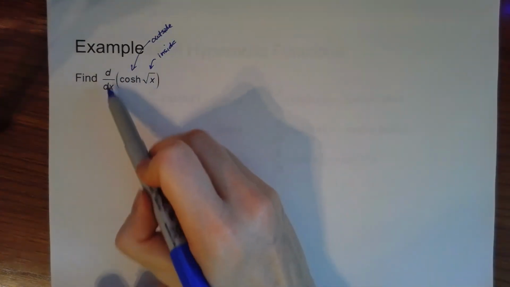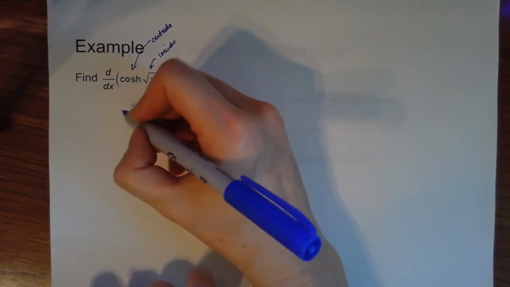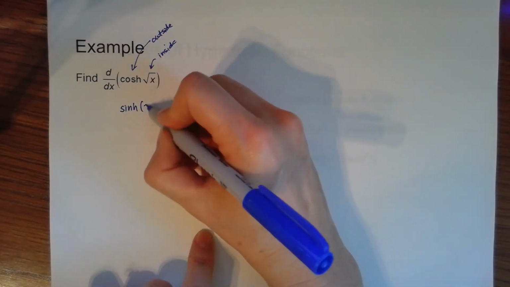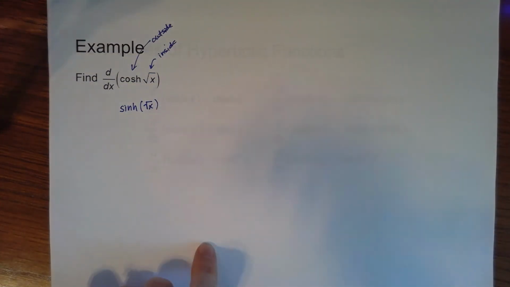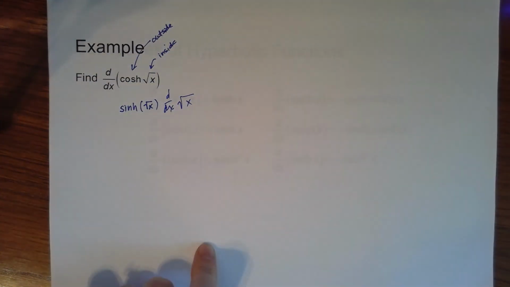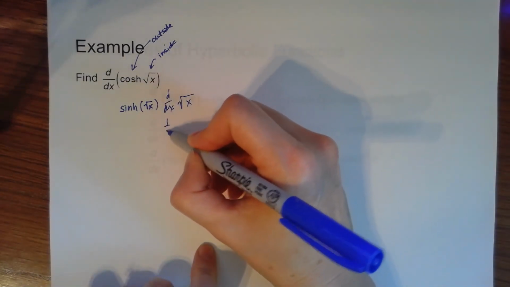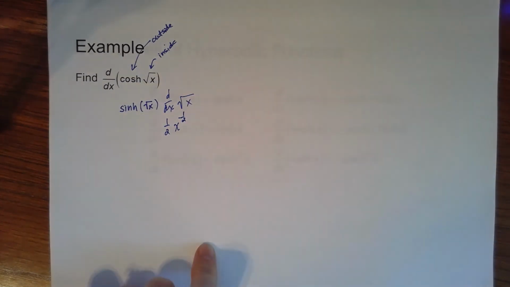So what's the derivative of the hyperbolic cosine? Well, that would just be hyperbolic sine. So we do the hyperbolic sine of whatever function is on the inside times the derivative of the inside function, right? So the derivative of square root of x is 1/2 x to the negative 1/2 times the derivative of x, which is just 1.